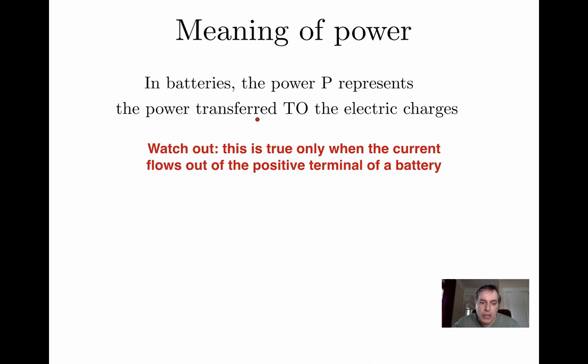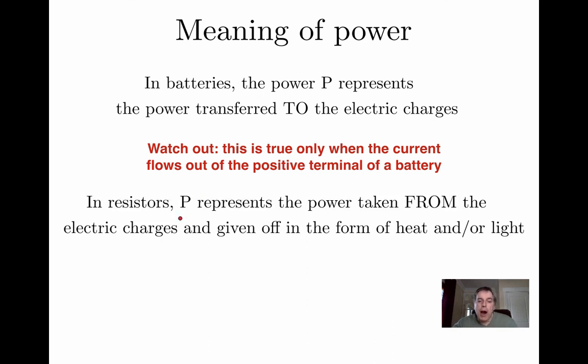In resistors, the power that we calculate is actually the energy per second taken from the charges and transformed into another form. So resistors transform energy carried by the charges into what form of energy?